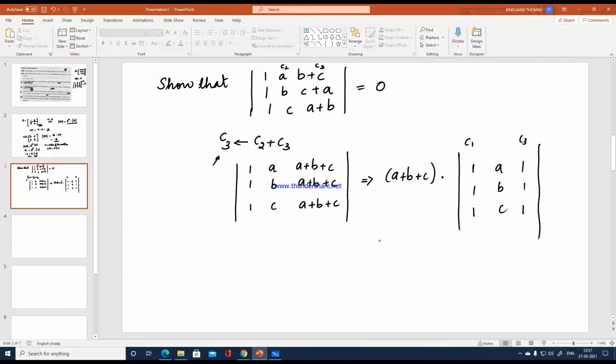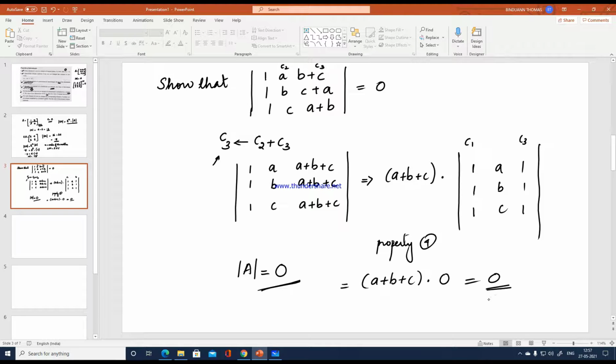According to property 4, if either two rows or two columns are equal, the determinant is 0. In our case, two columns are equal, so the determinant of this matrix will be 0. So the value will be A plus B plus C times 0, and we get 0. This is how we prove it using the property.